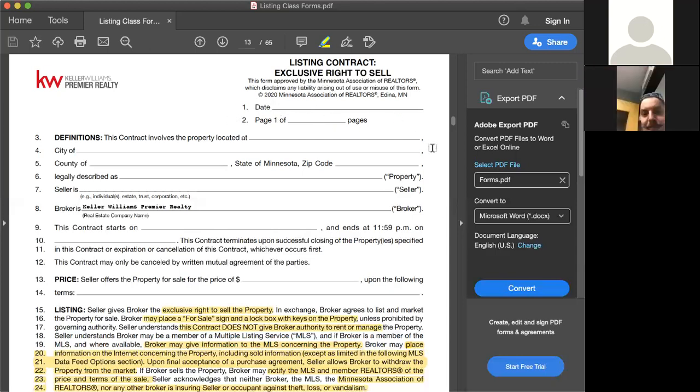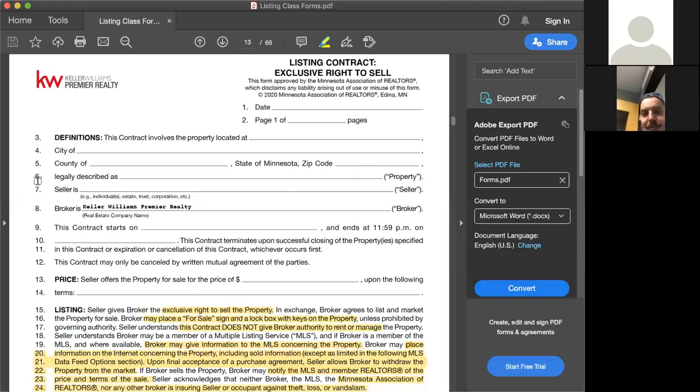At the end, we want to put the number of pages that are part of this listing contract in there, okay? So line 3, the physical address of the property. So 123 Main Street, city of Rochester, or whatever city, county of Olmsted, or whatever county, and then the zip code. All of that needs to be in there.